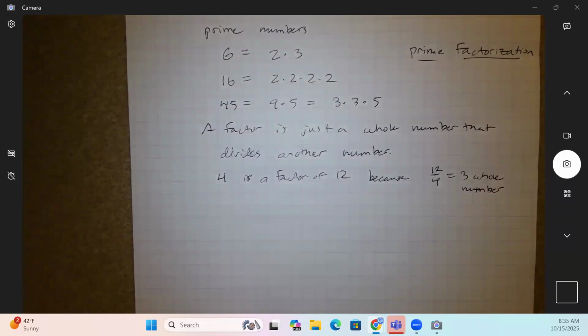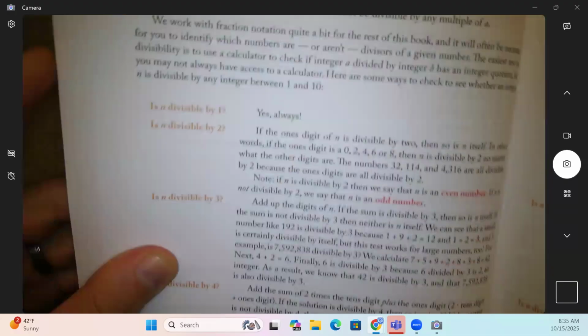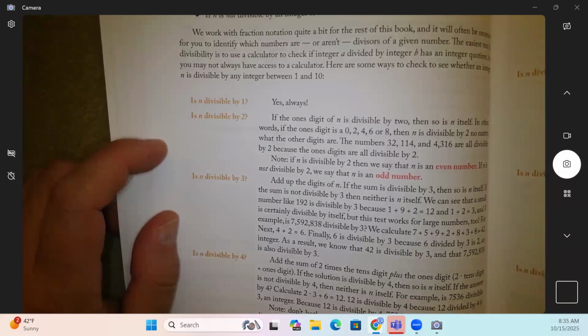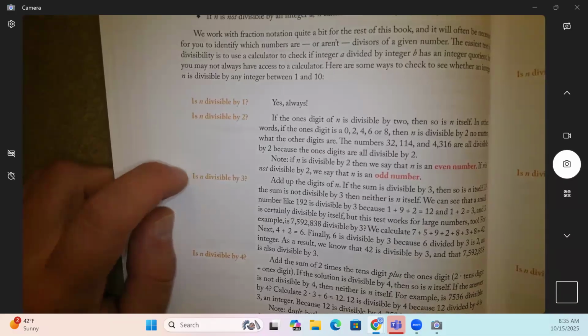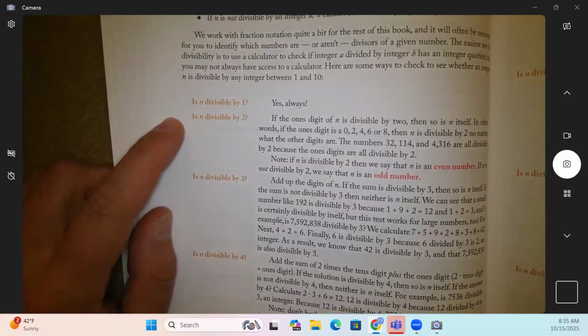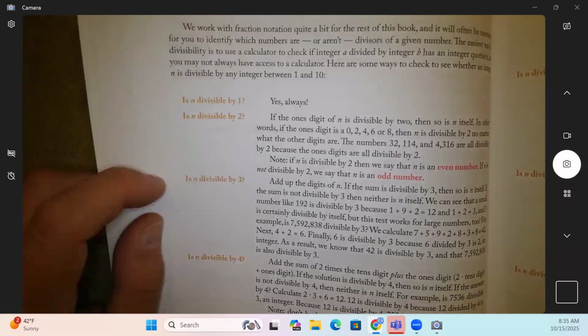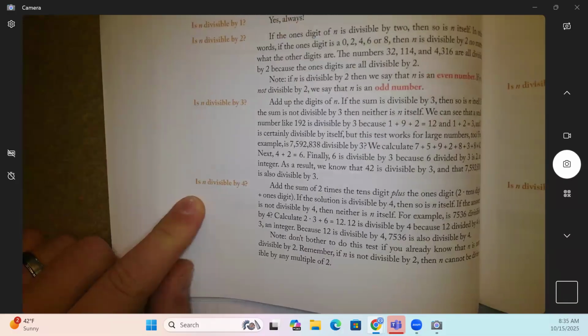Your book has, I like this person. I like Chris. I know Chris, he teaches here. They've got a list of how do you figure out if numbers are divisible. This is terrible. I mean, the 3 is kind of cool. The 2 is, we know even numbers are divisible by 2. There's a rule that works for 3, which isn't too bad. 4, how do you know divisible is by 4?